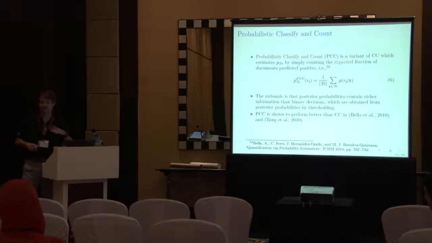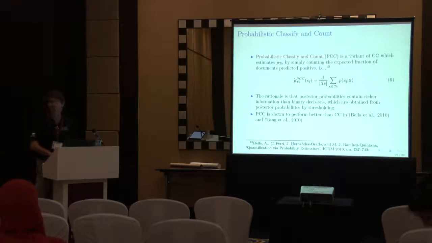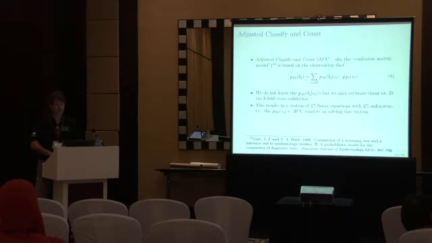The threshold is the one that separates 1 from 0. Normally a classifier returns a numeric score, and you have to set a threshold: above it you take the item to be 1, below it you take it to be 0. Probabilistic classify and count doesn't depend on any threshold, because you sum over raw posterior probabilities.